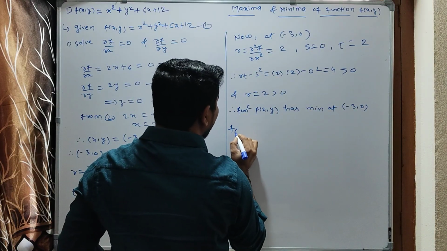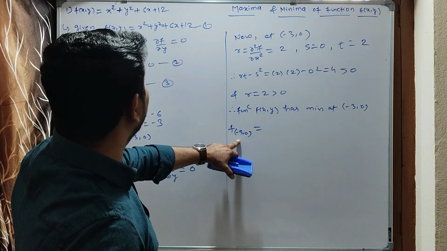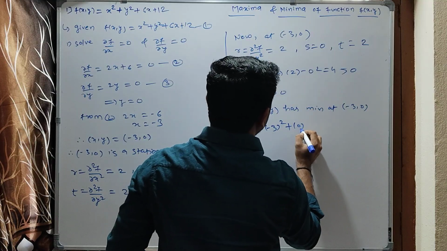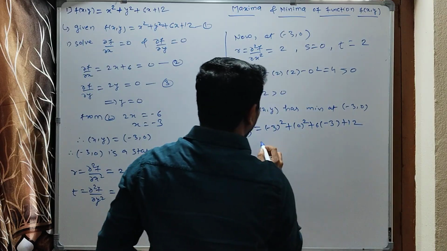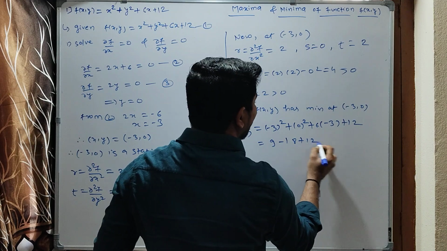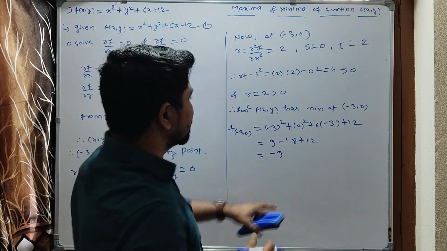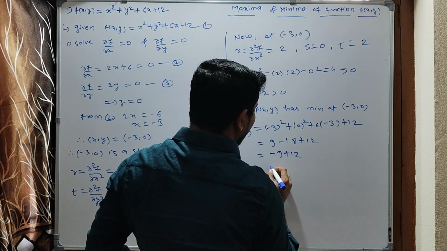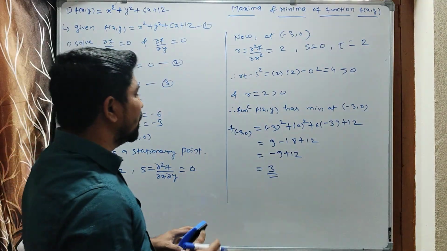Therefore f at minus 3 comma 0: just put x equal to minus 3 and y equal to 0. So minus 3 square plus 0 square plus 6 into minus 3 plus 12, which is 9 plus 0 minus 18 plus 12, which is minus 9 plus 12, which equals 3.